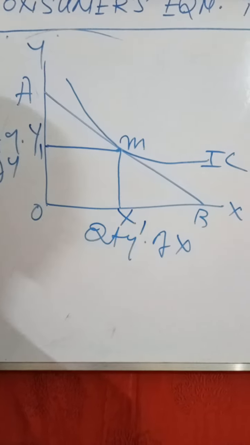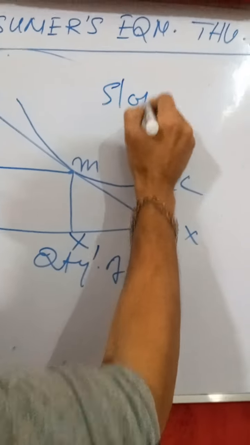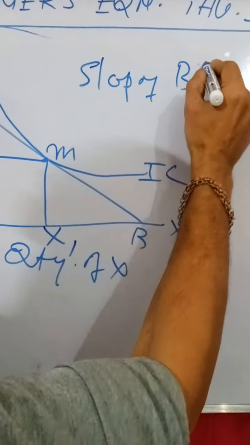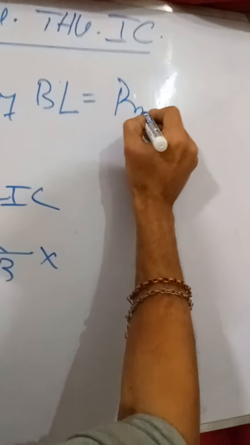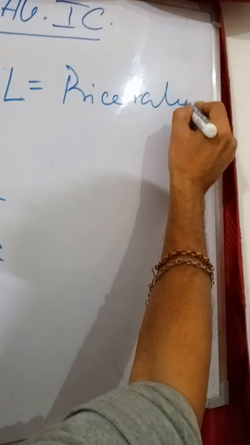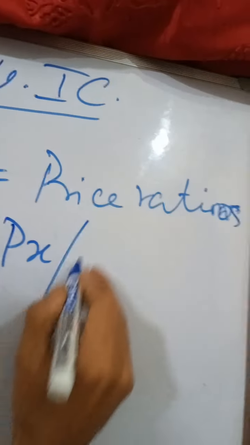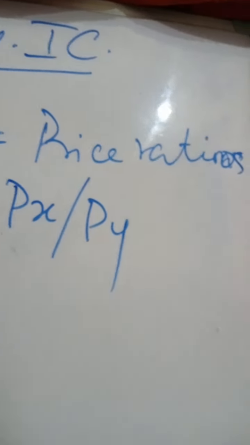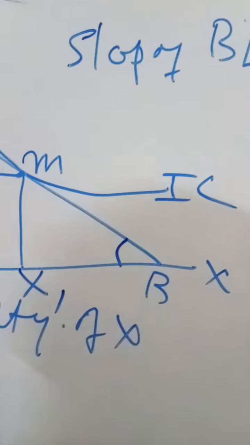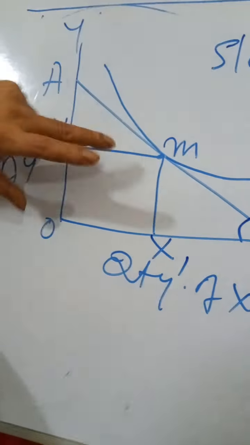Now, what is the slope of the budget line? Slope of the budget line is equal to what? It is equal to the price ratio, isn't it? That is Px by Py. Why so? Because the slope of this line is tan of this angle. Tan of angle B is equal to OA by OB.